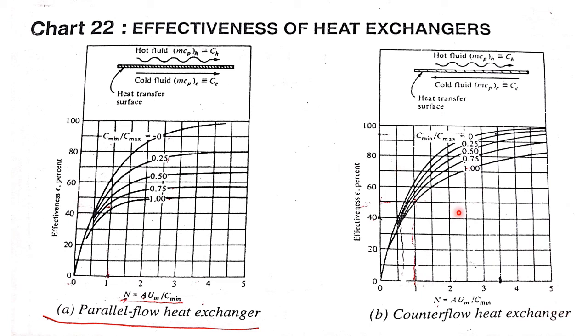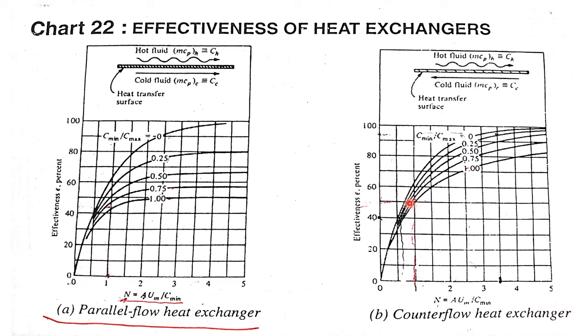So now here also the same. This is the capacity ratio. Here also it is 0.946 only, and NTU is 0.96 only. So 0, 1, 2, 3, 4, 5 indicate the values of NTU. So here also 0.96. So straight away I will move to the curve where this NTU line intersects the curve of that capacity ratio.